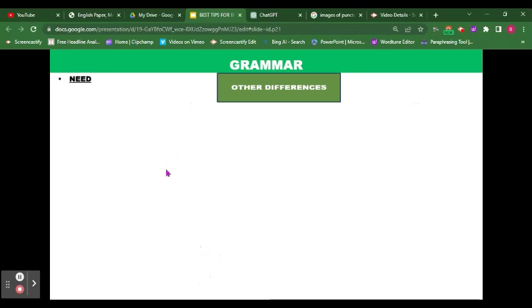Still on other examples, we want to look at need. How need is used in British versus American English. Now, in British English, you can use needn't do or don't need to do.